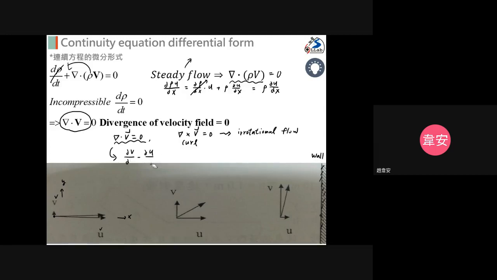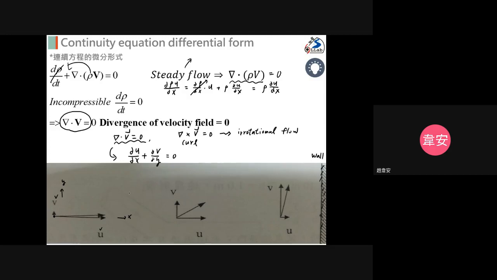Sorry, let me rewrite this. The divergence is du/dx plus dv/dy. This is the two-dimensional divergence of the velocity field, which is equal to 0.